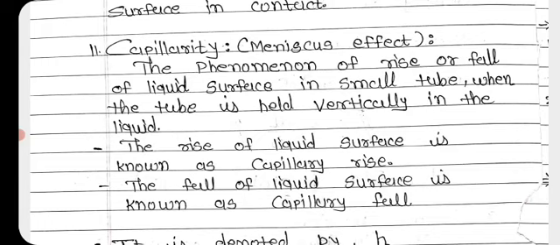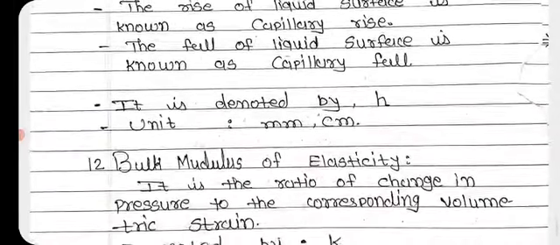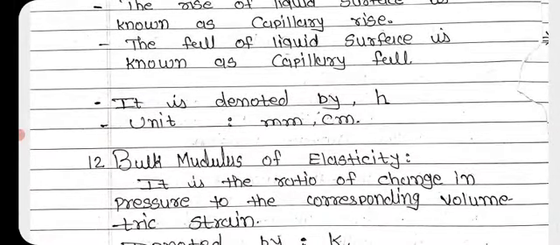The rise of liquid surface is known as capillarity rise. The fall of liquid surface is known as capillarity fall. So rise and fall is denoted by height, the unit is mm or centimeter, and it is denoted by small h.